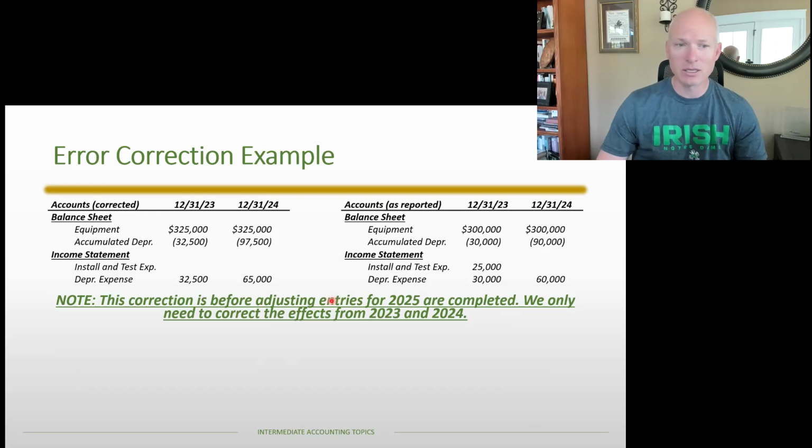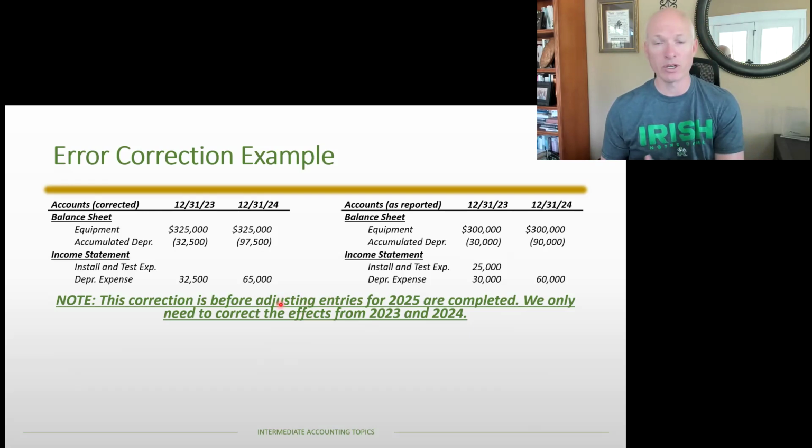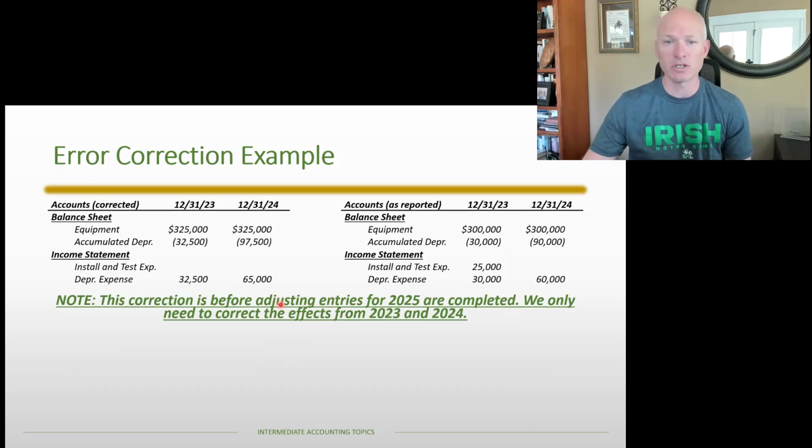But in this case, we didn't have any error in 2025. We didn't compound the error in 2025 because we haven't done the adjusting entries yet. And so what we need to do is figure out what were the compounding effects on our accounts from the mistakes we made in 2023 and 2024.